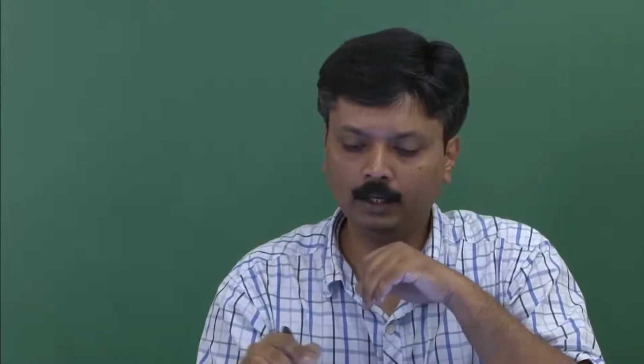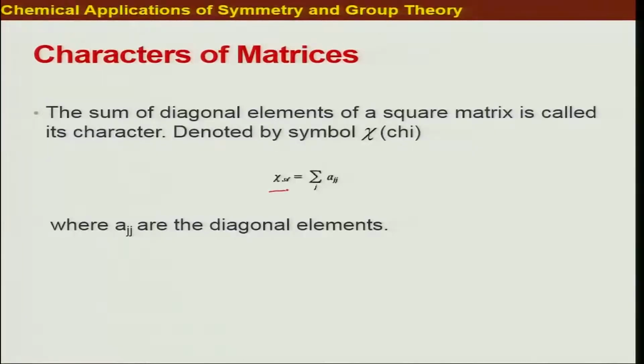Now, what is more intriguing about this representation using matrices is the trace of the matrix. So, what is the trace of the matrix? The trace of a matrix is the sum of all the diagonal elements of a square matrix. Here the chi symbol is used for the trace, and you can see that all the diagonal elements are summed up.